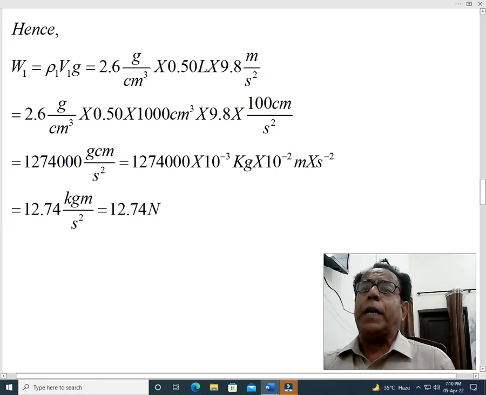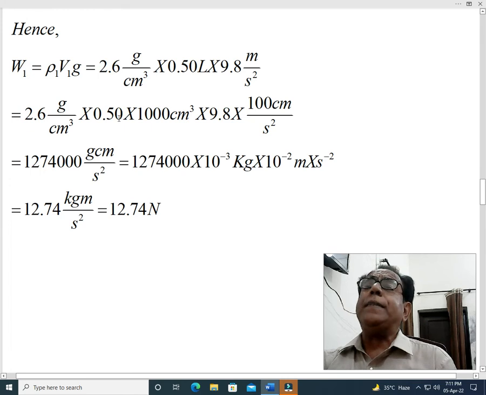Then it will become kilogram. Similarly, when we convert centimeter into meter, we multiply it with 10 raised to the power minus 2, then it will become meter, okay? So our result will become 12.74 kilogram meter per second square, and we know that this is the definition of Newton, okay? So in place of this kilogram meter per second square, we can write Newton. So our answer has become 12.74 Newton.